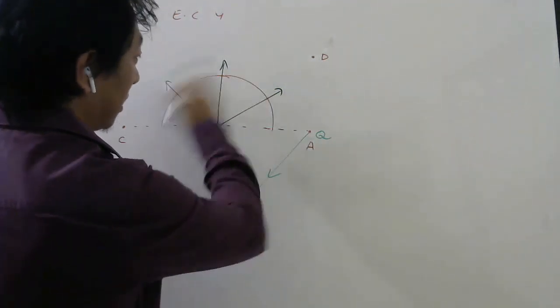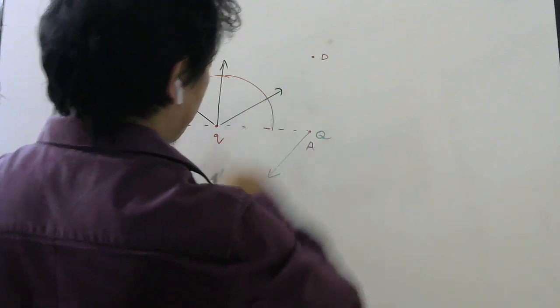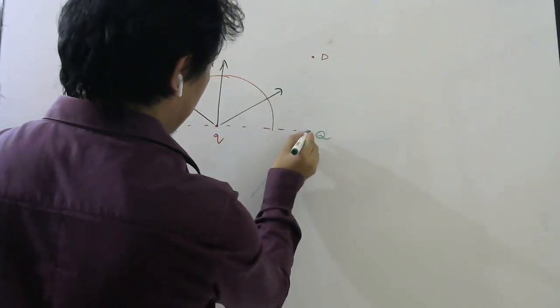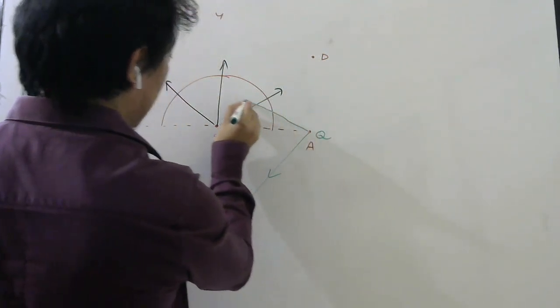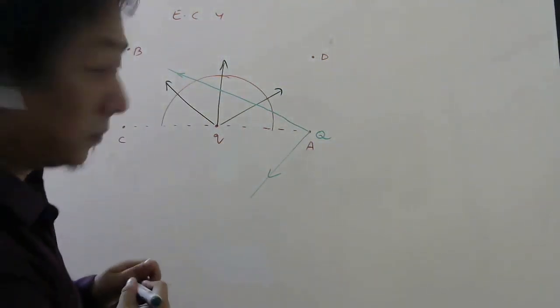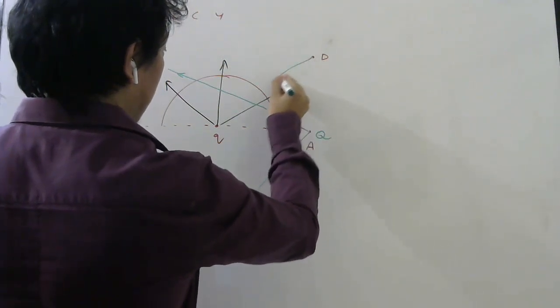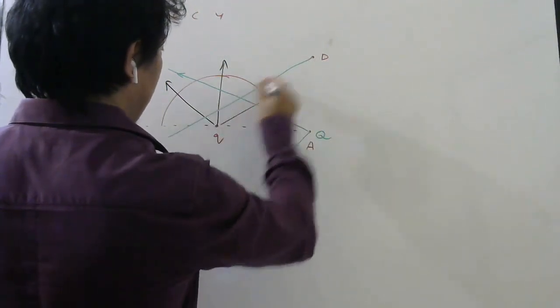These lines will not cut the surface. But a point charge will produce electric field radially outwards, so it will go like this. Whereas if you take this one, electric field will come like this and go like this.